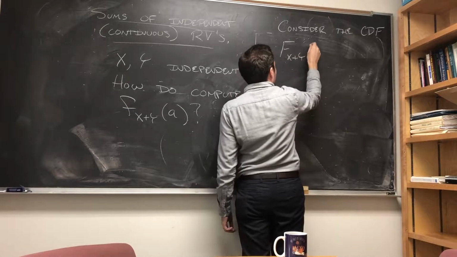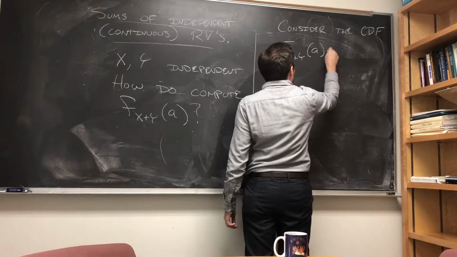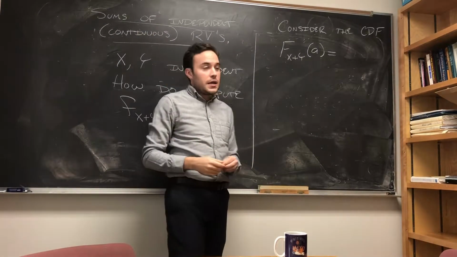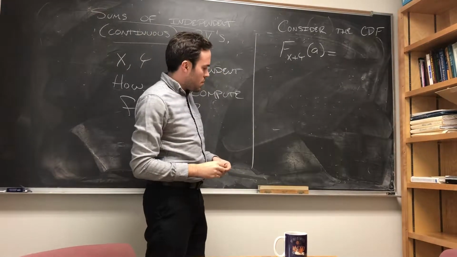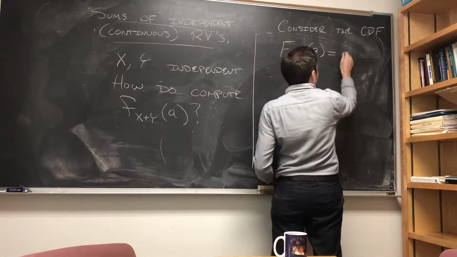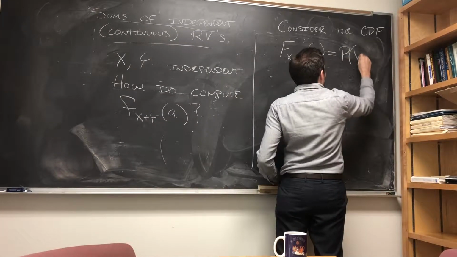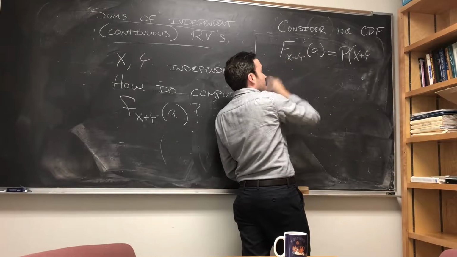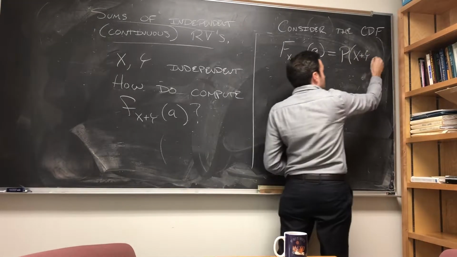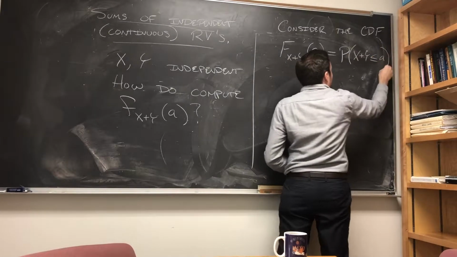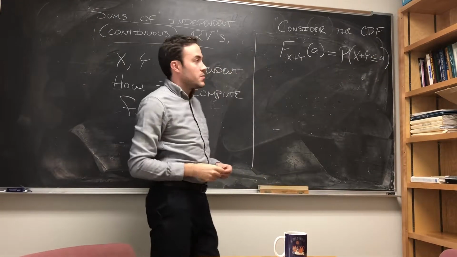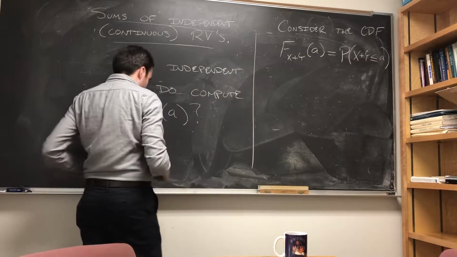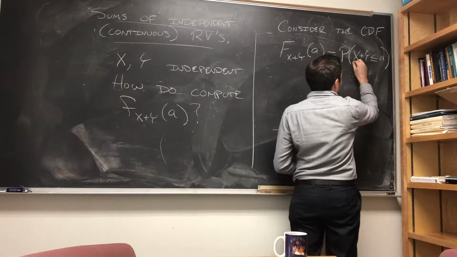That's going to be capital F of x plus y, and we're going to evaluate this at some arbitrary value a. So just by the definition of what this is, the probability that x plus y, the random variable for which we're evaluating the cumulative distribution function, the probability that x plus y is going to be less than or equal to a.